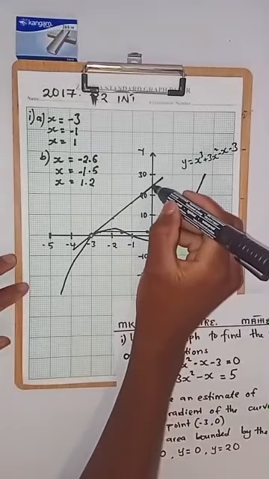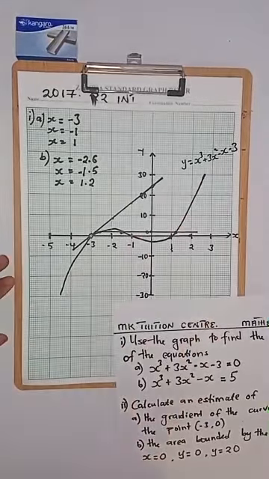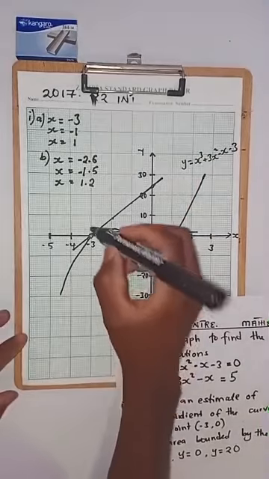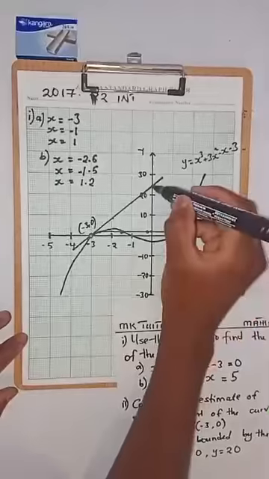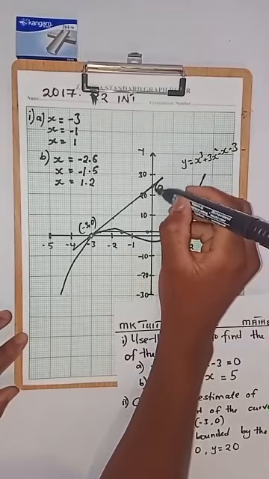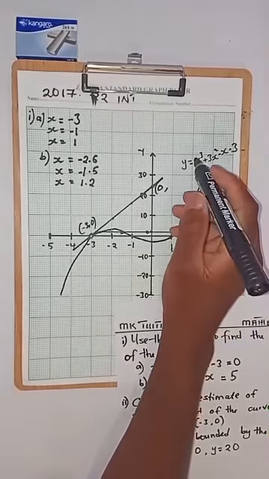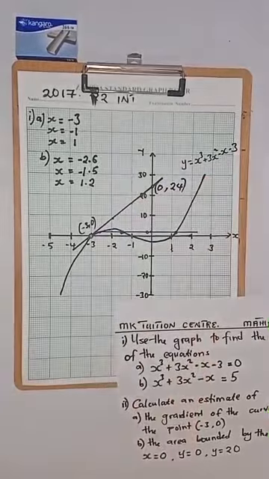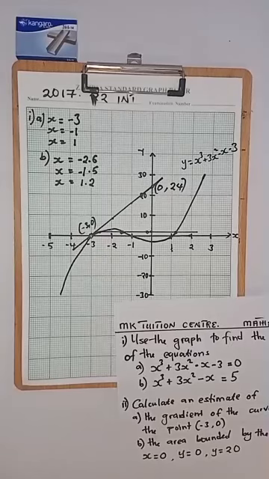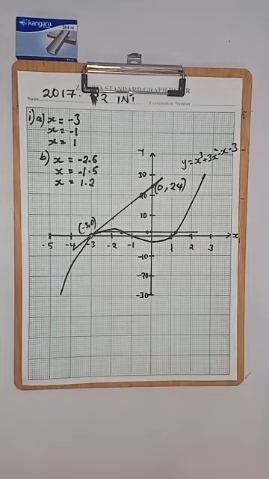So that's why I've decided to get fixed coordinates. Now here we have negative 3, 0, and here we have 0, 24, like that.